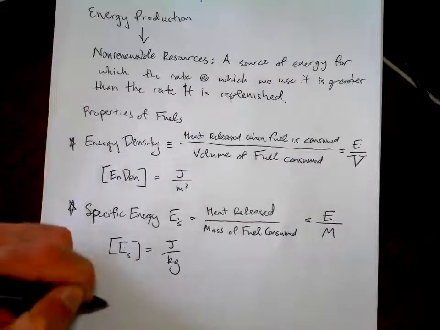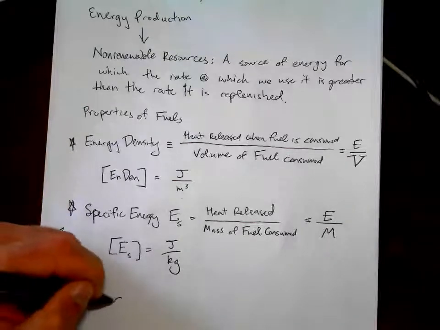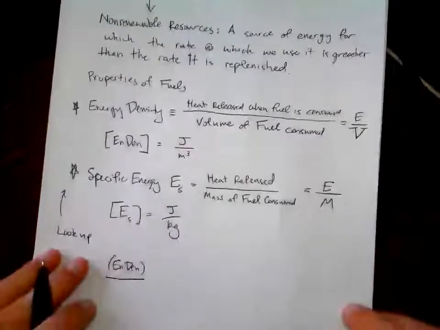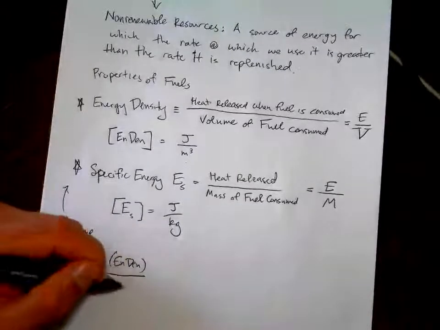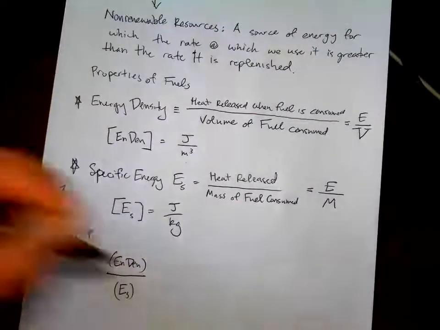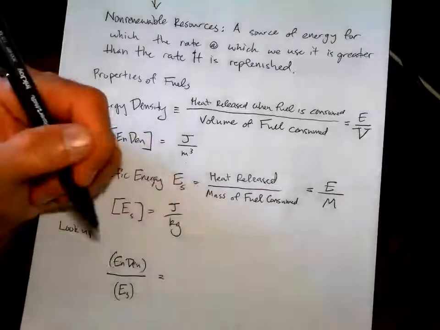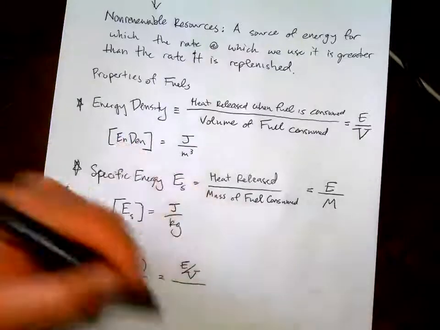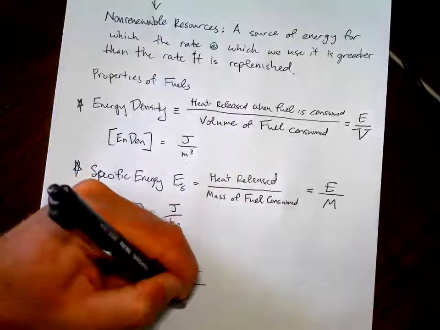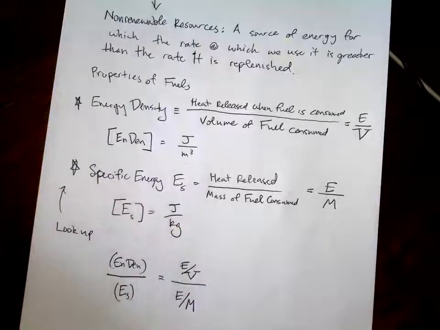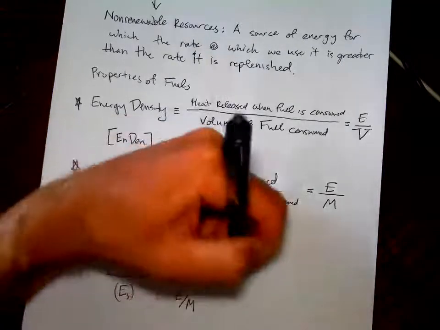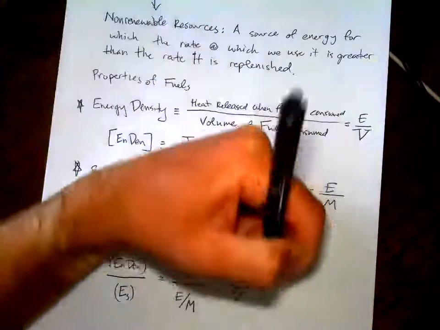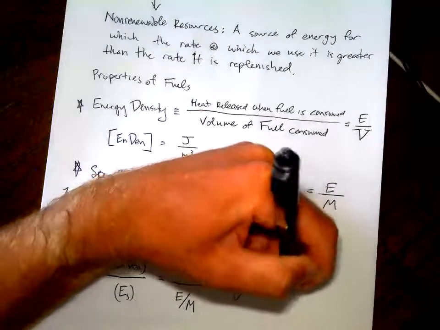In particular, here's kind of an interesting thing. If you take the energy density and you divide it by the specific energy, you would have energy per volume divided by energy per mass, which is equal to mass per volume, which is density, just regular density.